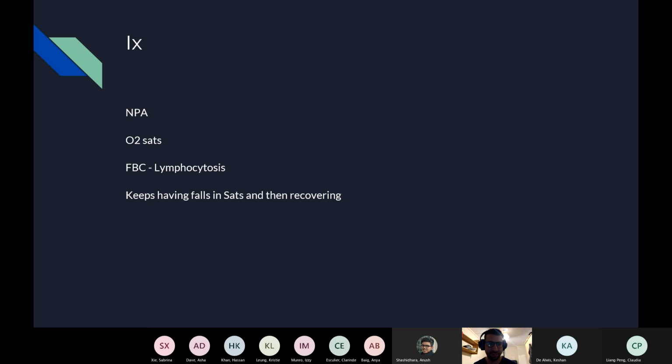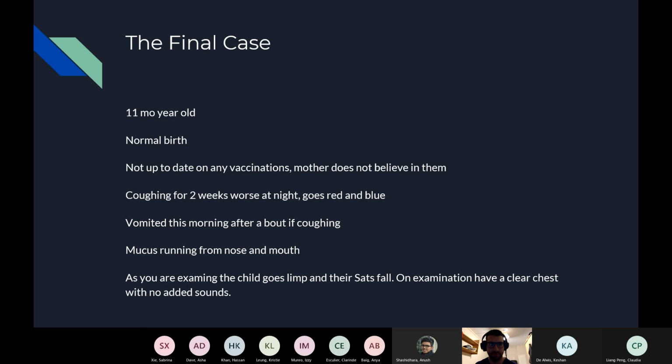So these are the investigations we did. We did a swab of their nose. We took their O2 sats. The full blood count showed a lymphocytosis, so high levels of white blood cells. And they keep having these falling sats and then recovering. So does anyone know what could be happening to this patient? What does anyone think could be the most likely diagnosis here?